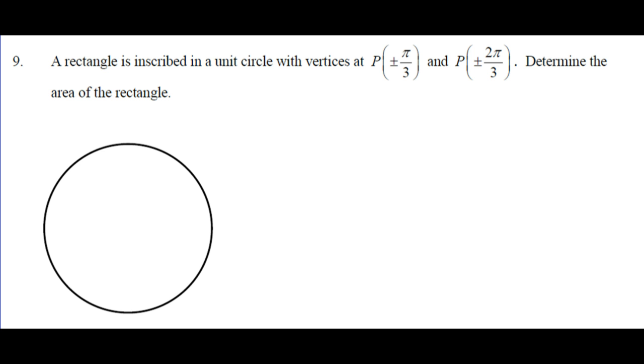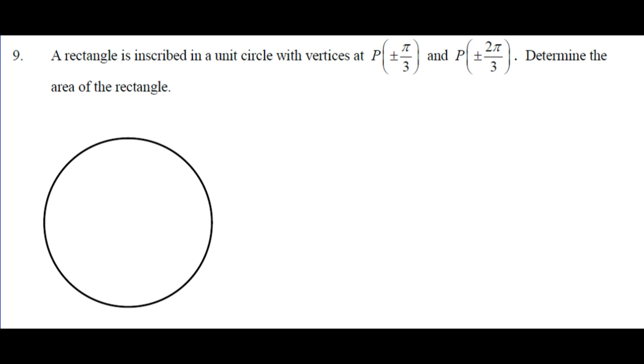A rectangle is inscribed in a unit circle with vertices. Okay, so unit circle. Okay, so we got a vertex at pi over 3.